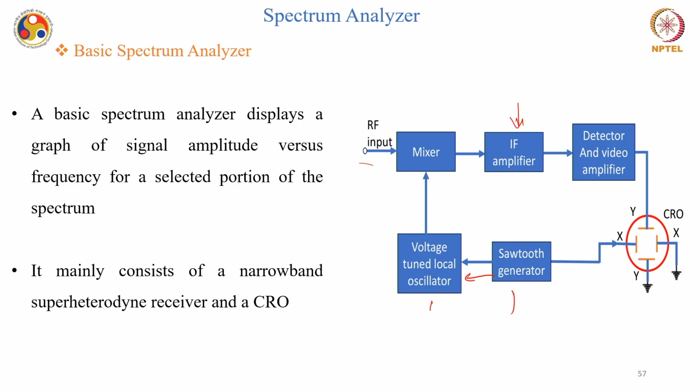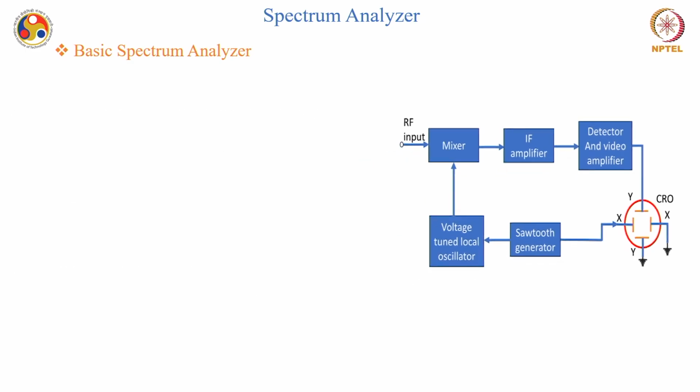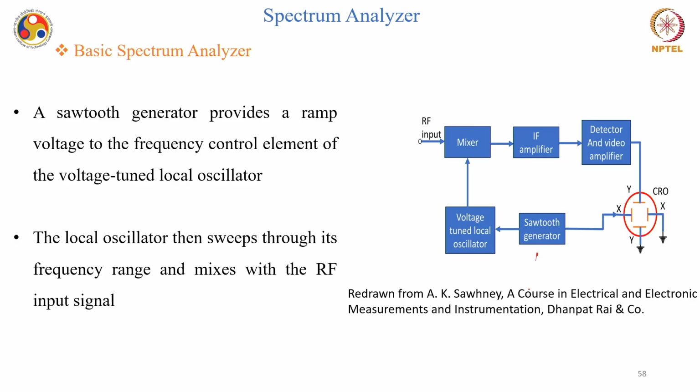A basic spectrum analyzer displays a graph of signal amplitude versus frequency for a selected portion of the spectrum. This spectrum analyzer mainly consists of a narrowband superheterodyne receiver and a CRO. A sawtooth generator provides a ramp voltage to the frequency control element of the voltage tuned local oscillator.